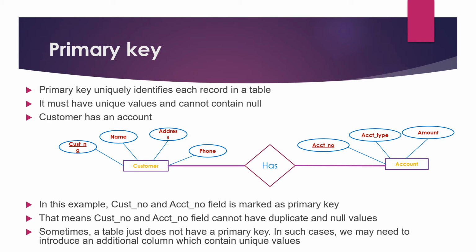That means the customer number and account number fields cannot have duplicate values, cannot be repeated and cannot have null values. Sometimes a table just does not have a primary key. In such cases, we may need to introduce an additional column which contains unique values.